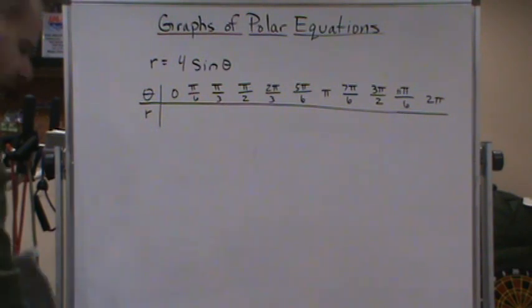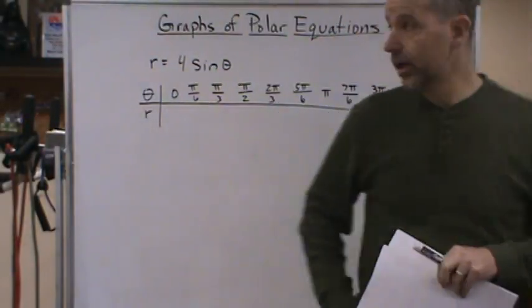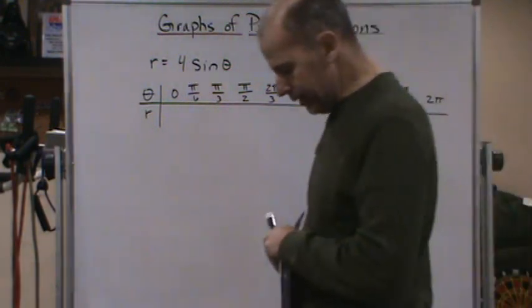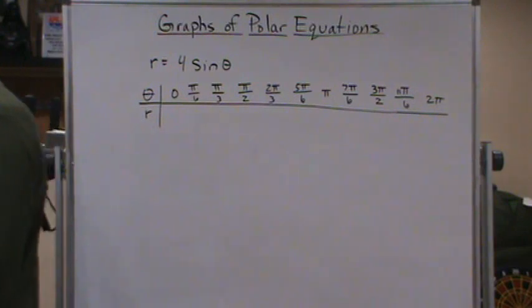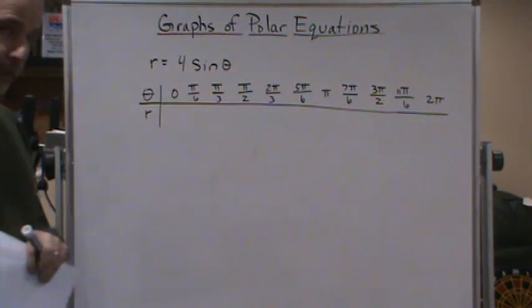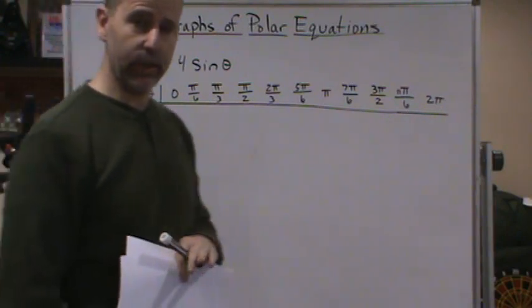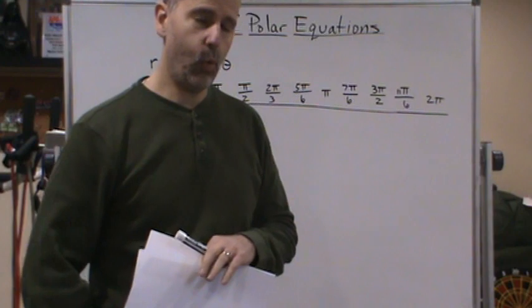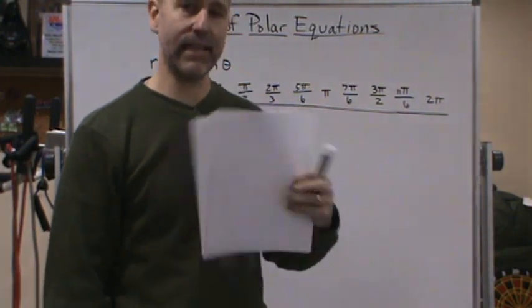Okay, welcome back. Now we're going to talk about graphs of polar equations. This is where we use polar equations and investigate how to graph them. Again, we're looking at the relationship of how r changes as theta changes.